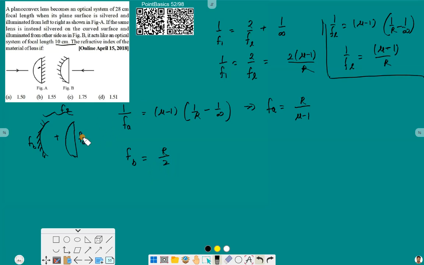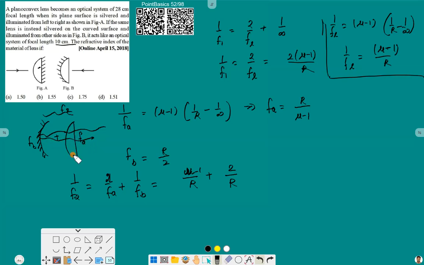So now we add, as both of these are in contact, so 1 by f2 will be equal to 1 by fa plus 1 by fb, and that is equal to mu minus 1 by r plus 2 by r. And here we will get 2. Why? Because when light enters here, first it goes through the lens, then it gets reflected from the mirror, and then it again goes through the lens.